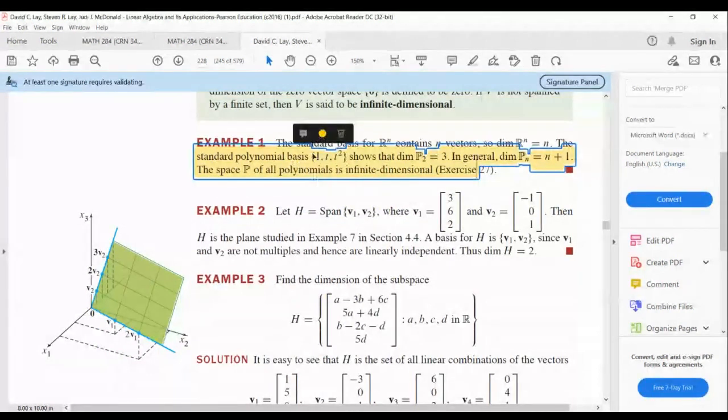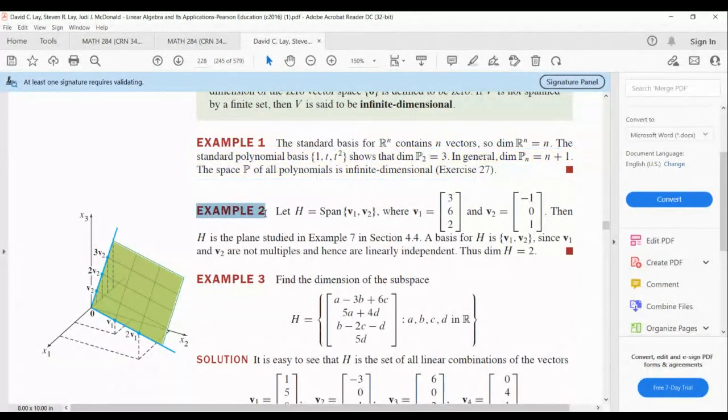Okay, example 2 here. In this example, it says let H be the span of two vectors, V1 and V2. Clearly, they're linearly independent. Then H is the plane studied in example 7.